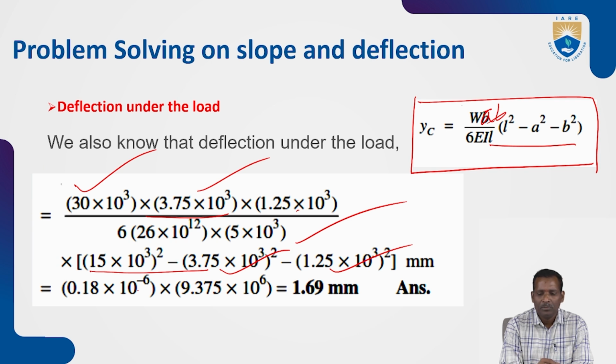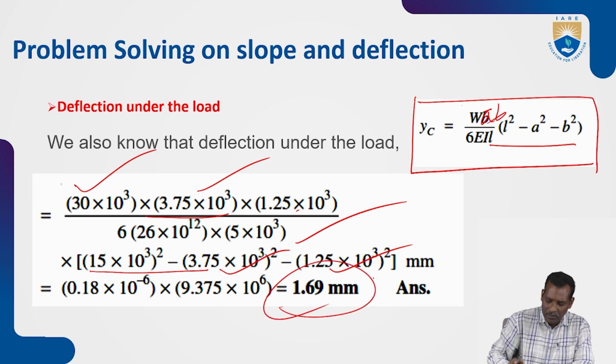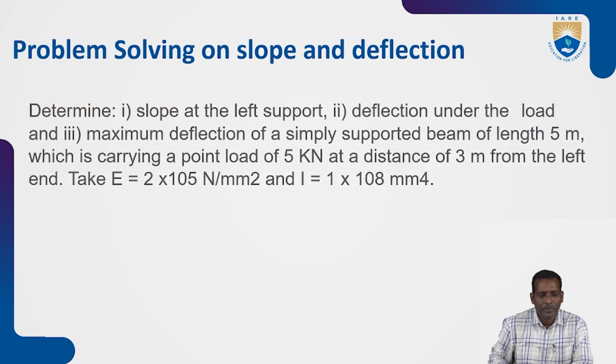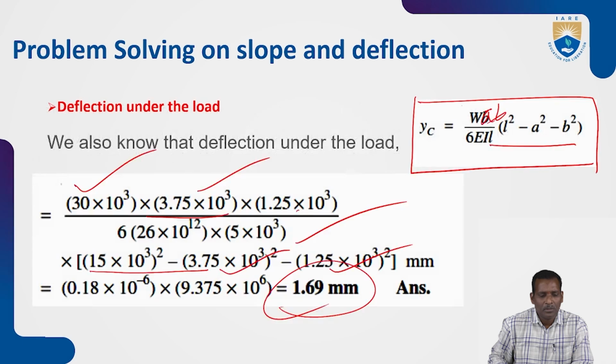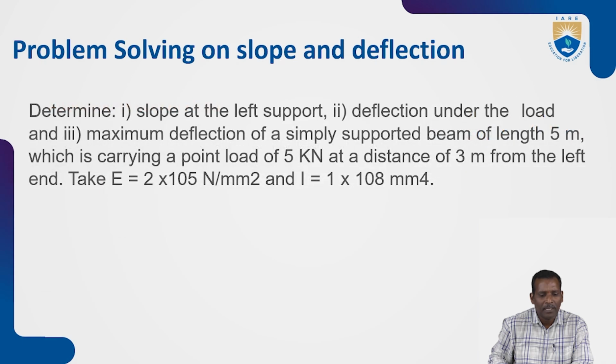The L value 5 meters converted into mm, the A value 3.75, and then the B value 1.25. So calculate, finally we got 1.69 mm. So like this, you need to calculate the slope and the deflection under the load for a simply supported beam.